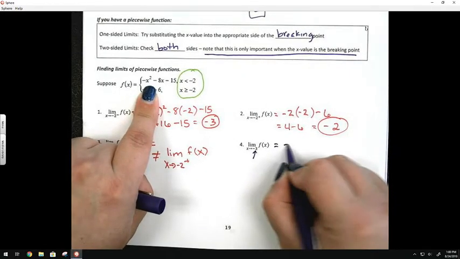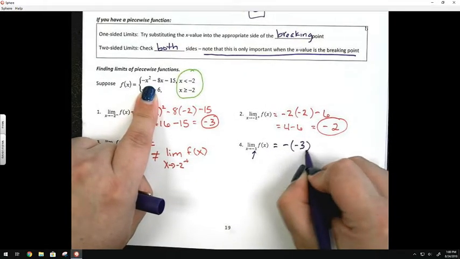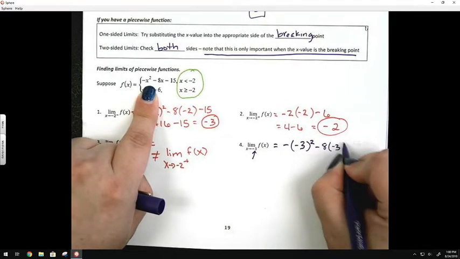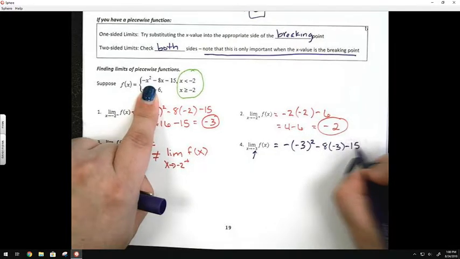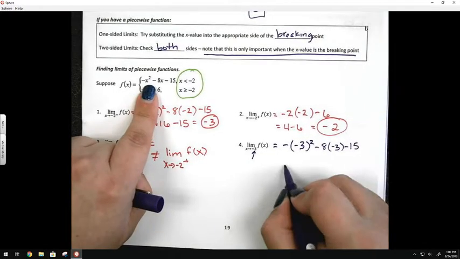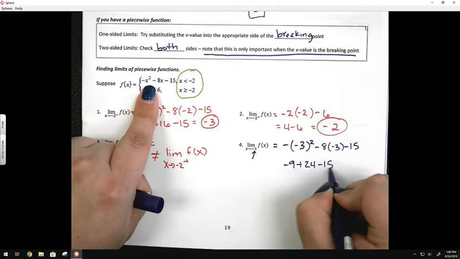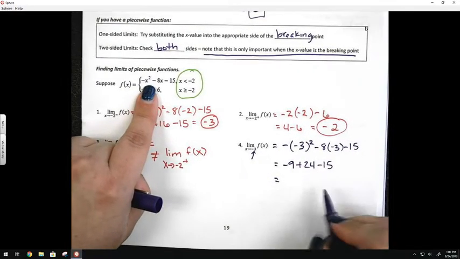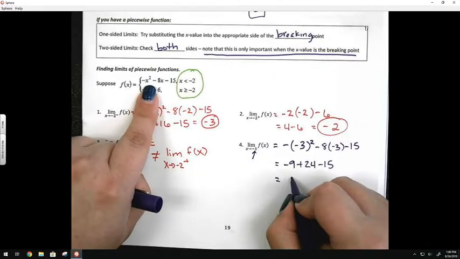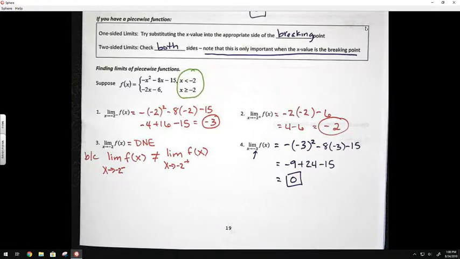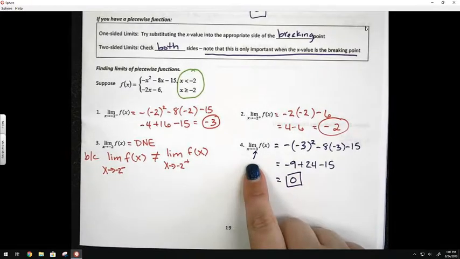So negative 3 squared minus 8 times negative 3 minus 15. So I get negative 9 plus 24 minus 15, which means all that cancels out, and I know that my limit is 0. Again, I don't have to check the left and the right because negative 3 is not my breaking point.